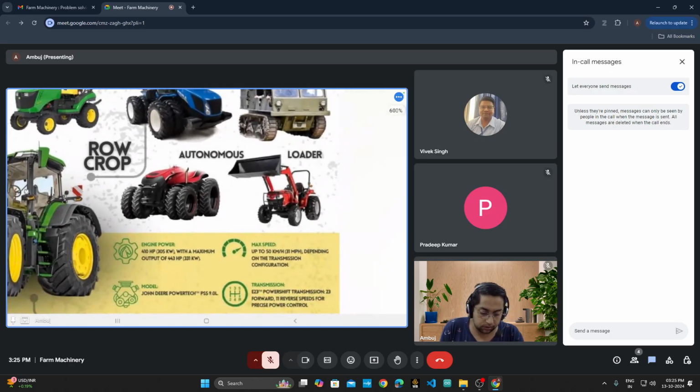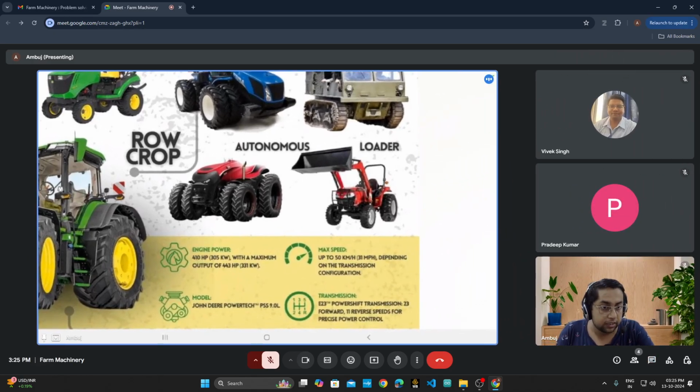They have multiple sensor fusion for autonomy. Autonomy in the sense that it would be doing the operations which are done by your tractor operator, autonomously. Various operations are required.